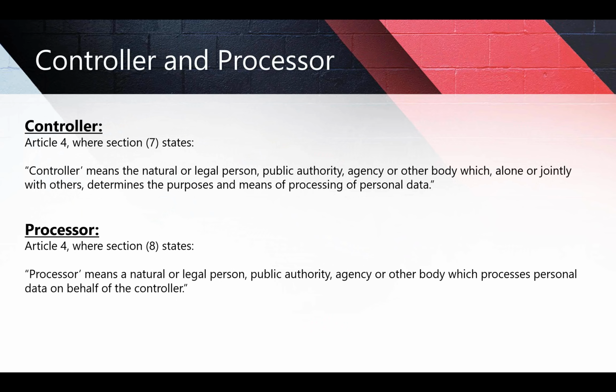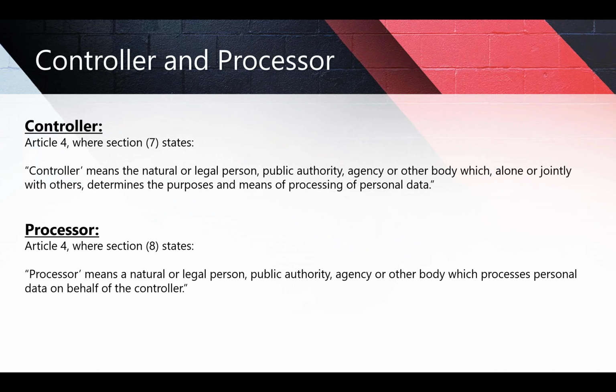That entity or individual will be called the controller. The controller will have different processors, to whom he can give the personal data to process that data on behalf of the controller, and those are called processors.